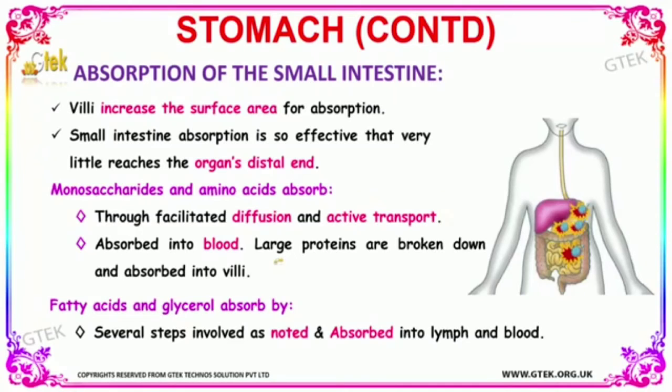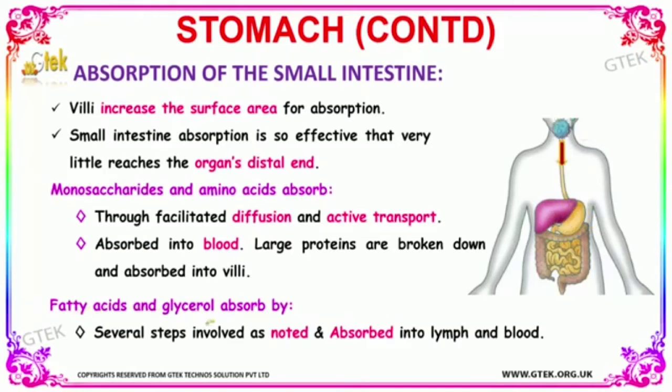The nutrients that you can find in your food, that is occurring at the stage right now, will be absorbed into your blood through the villus. The large proteins are broken down and they are absorbed into your villi, which in turn will be transferred through your blood to the various parts of your body.